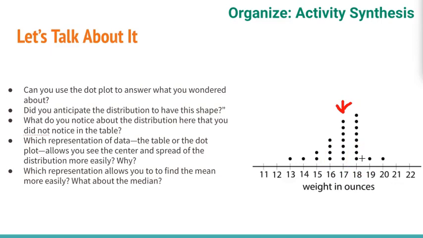So, which one of them was easier to see all of this? Like the center, the spread, the mean, the median, the mode. The median and the mode is a lot quicker to see here, right? I mean, you can make the argument that the median is quicker to see on the other, but definitely the mode is a lot faster to see on here.